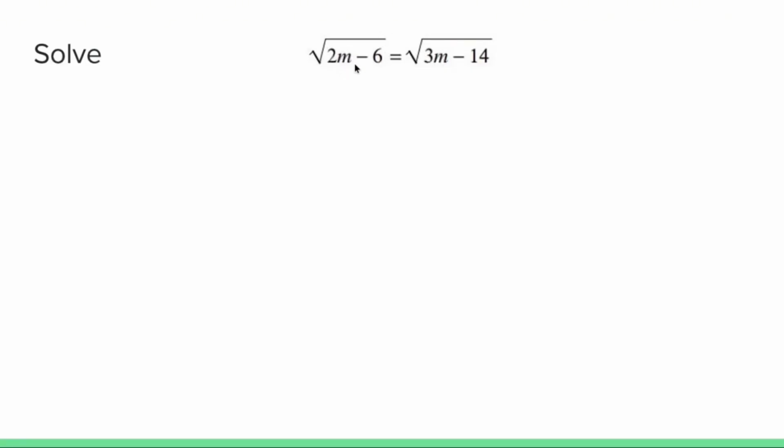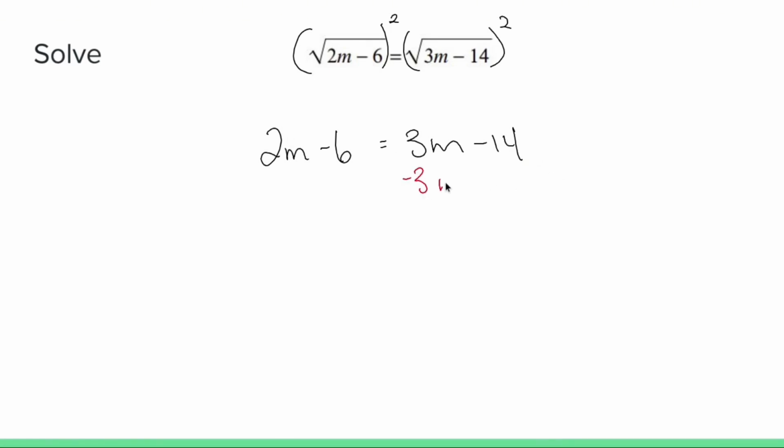Solve the square root of 2m minus 6 equals the square root of 3m minus 14. Well, I have a square root on the left and a square root on the right. Let's just square both sides and get rid of them. So the square root squared is just going to become 2m minus 6. And the square root squared is just going to become 3m minus 14. And now it's an Algebra 1 problem. Let's subtract 3m from both sides.